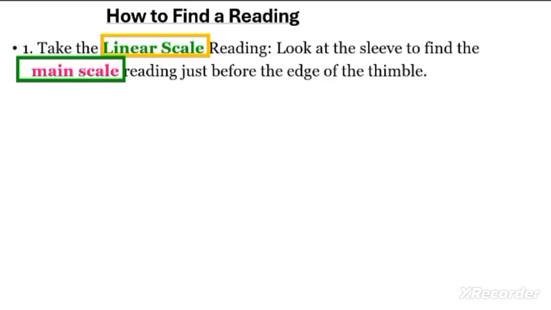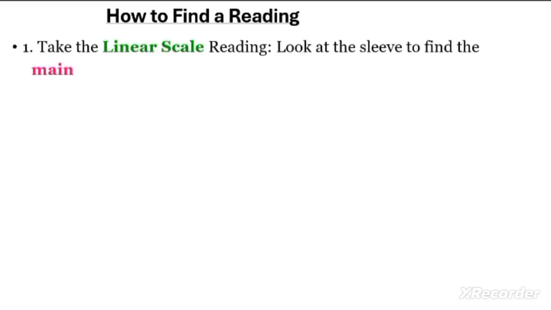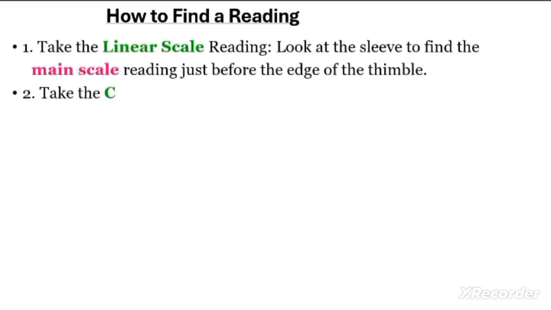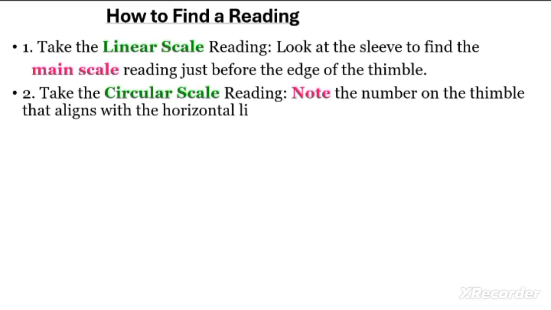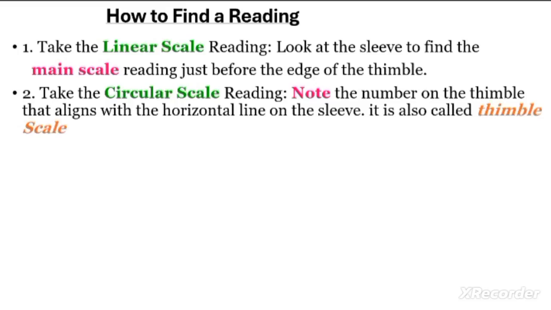Step number two: we are going to identify the mark on the thimble scale or circular scale. By the way, the thimble scale is also called the circular scale. Take note, the number on the thimble that aligns with the horizontal line on the sleeve scale.